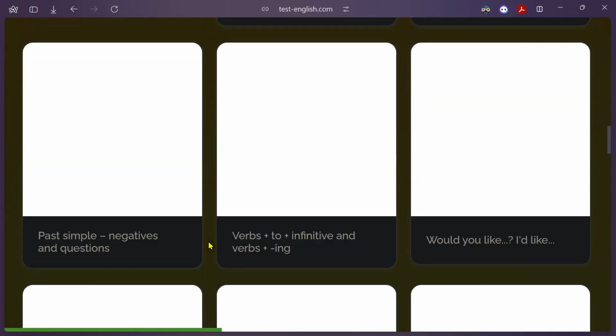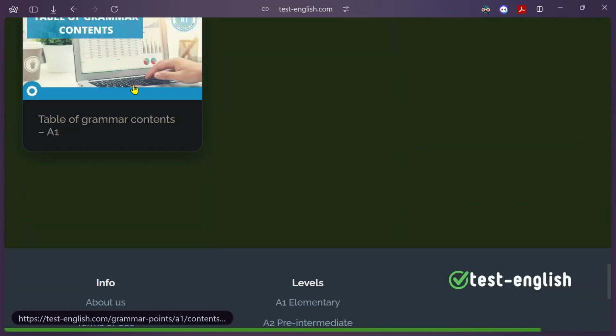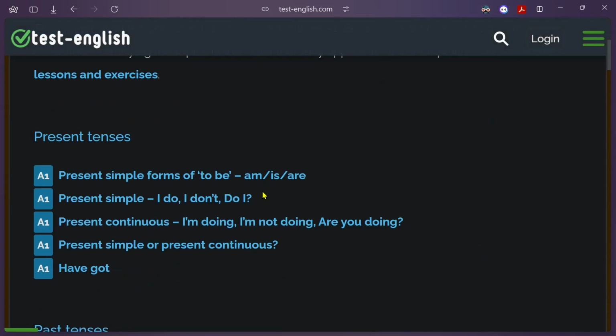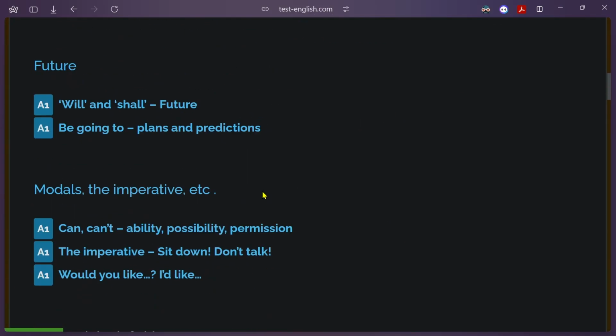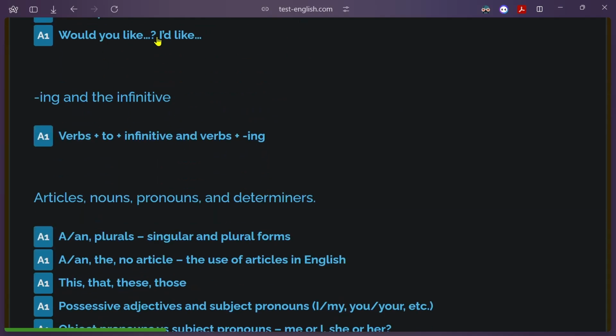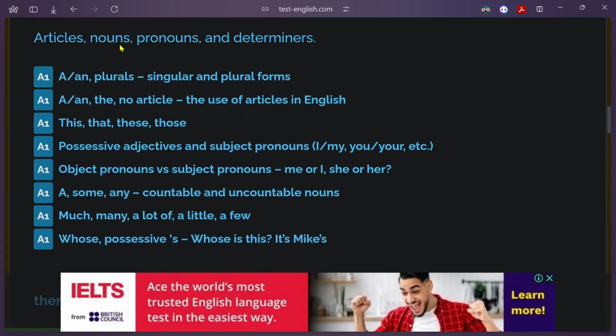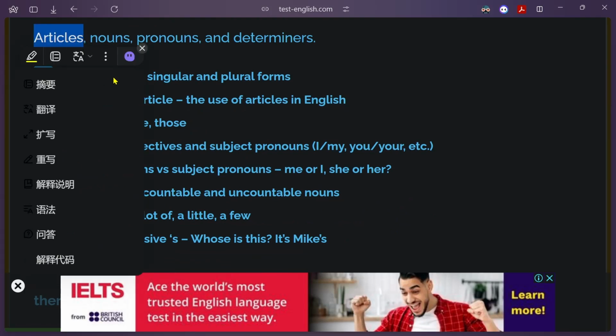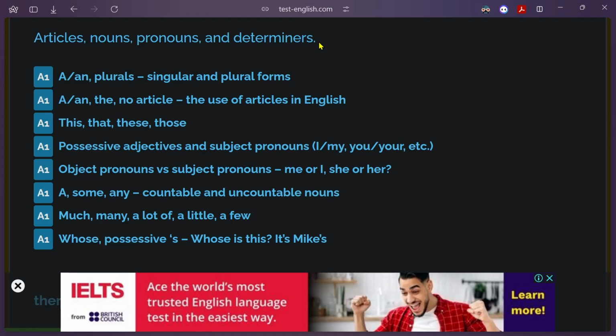Is there anything else you would like to discuss? Or do you want to do your exercises? We have kind of seen this. Would you like it? We discussed this. Articles are a permanent problem, but they don't affect the meaning so much.